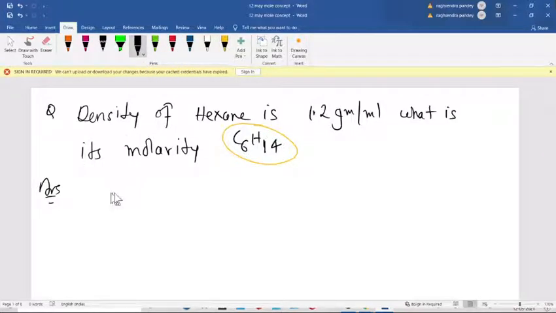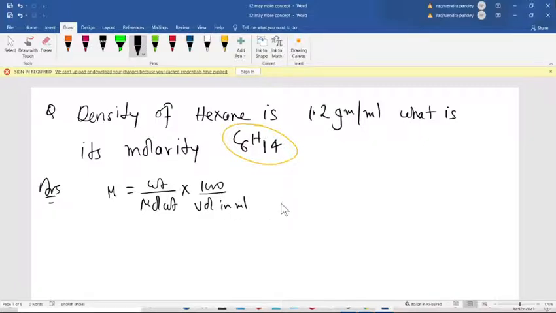Now molarity is what? Molarity is weight upon molecular weight into 1000, upon volume in ml. So in 1 ml, what is the weight? 1.2 gram. That is the weight.